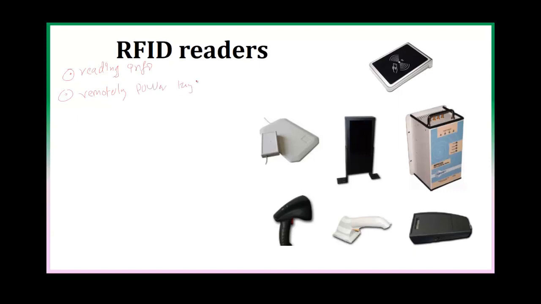That is one way to supply power, as in passive tags. For passive tags you require some supply to be given, so we require these readers to supply some power, and that has to be done remotely.